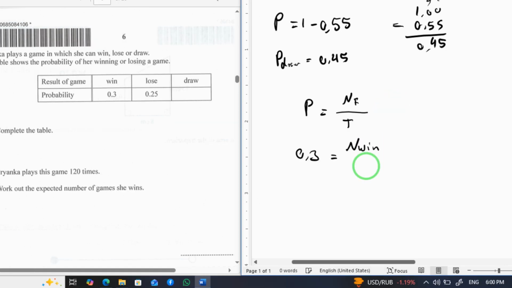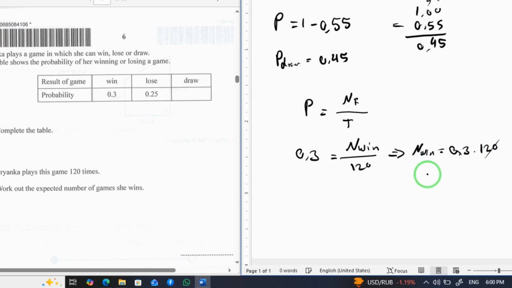Actually, this is the number of times the event occurs. The total number she will take part in is 120. So we can find that the number of winning is equal to 0.3 multiplied by 120.